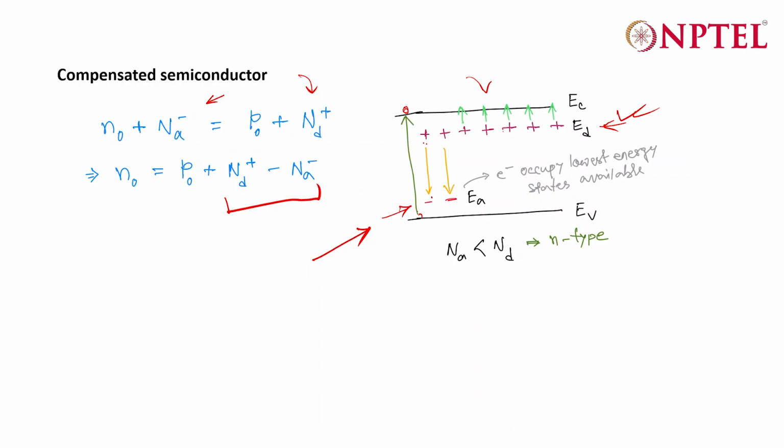So some of the carriers will move from ED to EA and the rest will go from ED to EC. Now if your ND is higher than Na, definitely the semiconductor will behave like an N-type semiconductor. So this is what the concept of compensated semiconductor is.